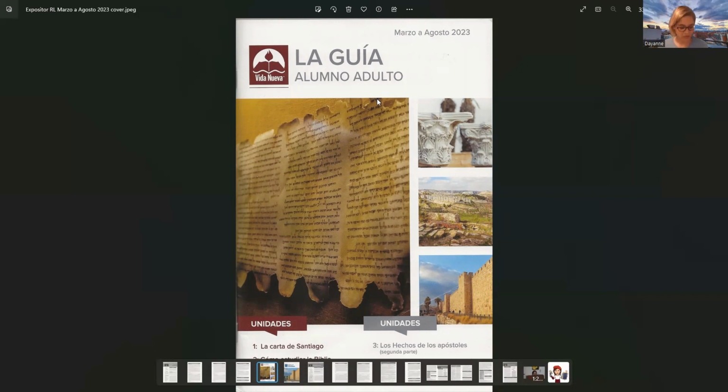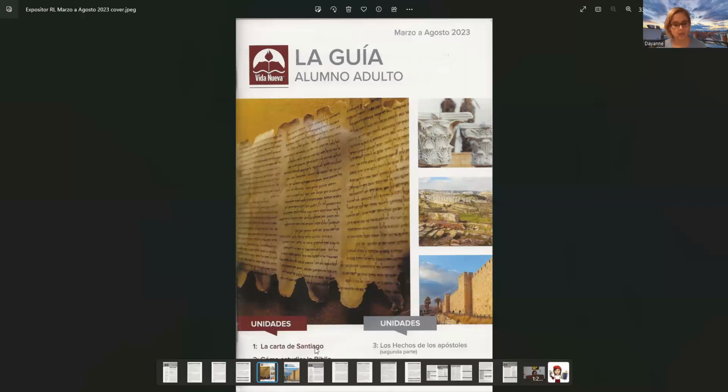And the four units are based on the letters of the book of James, how to study the Bible, the Acts of the Apostles, and then, of course, the writings of Solomon. That's what's found in our guide for the seven months. Okay, so la guía del alumno del adulto de marzo a agosto 2023.